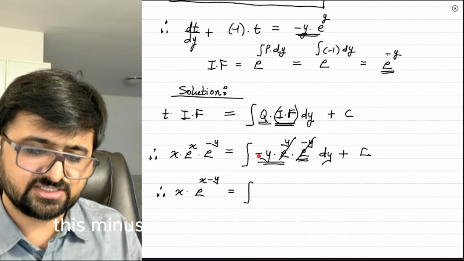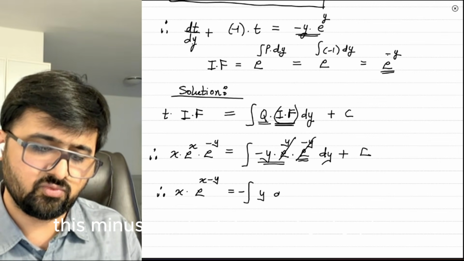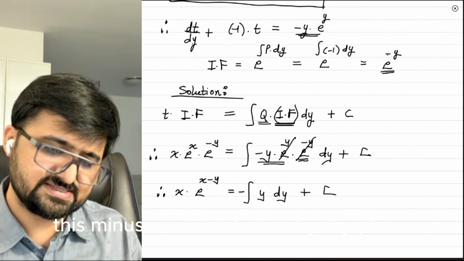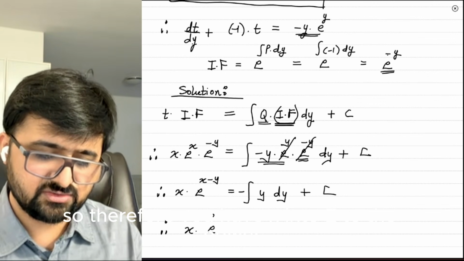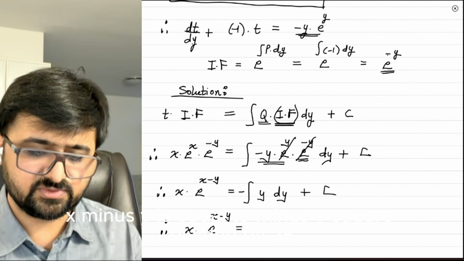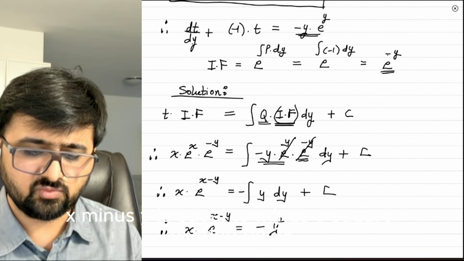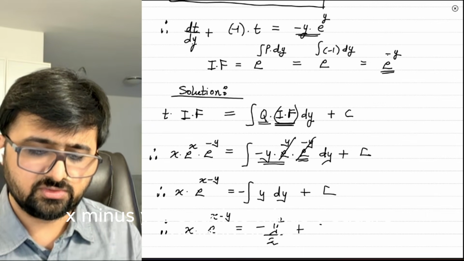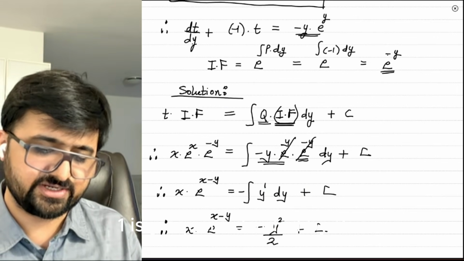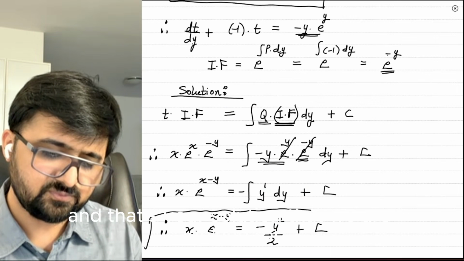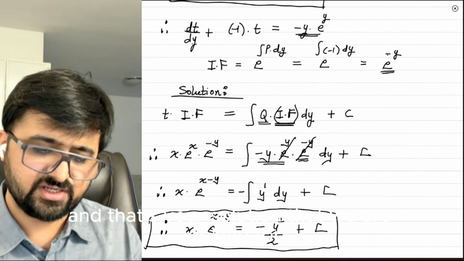So you have integrate, this minus can be taken out, y dy plus c. So therefore you have x into e to the power x minus y is equal to minus y square divided by 2 plus c, so integration of y to the power 1 is y square divided by 2, and that's your solution that we are looking for.